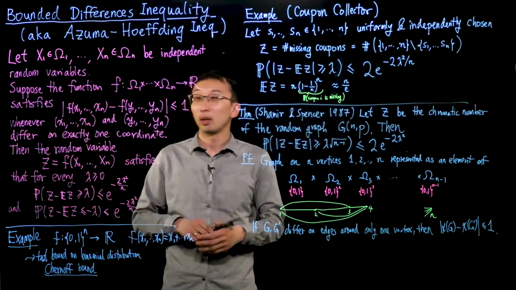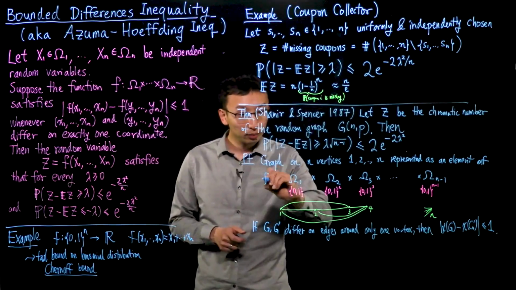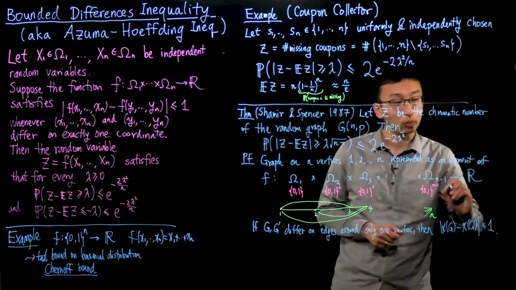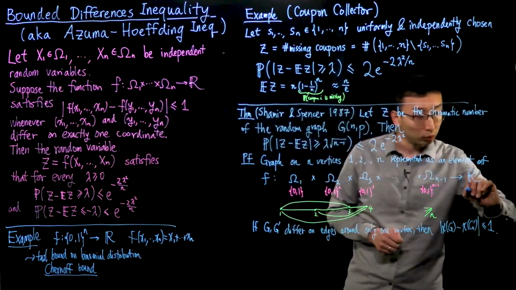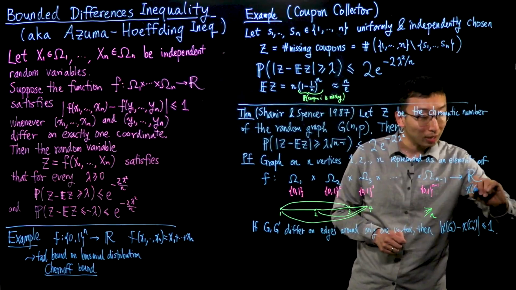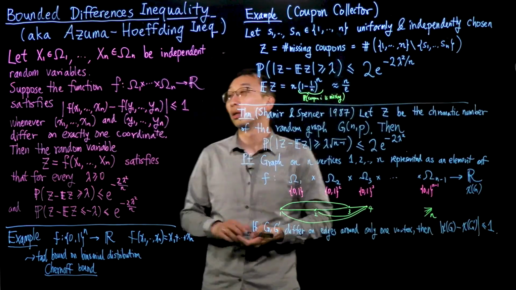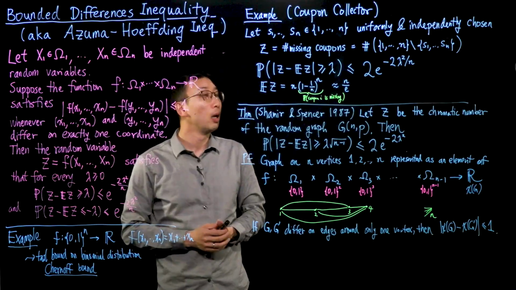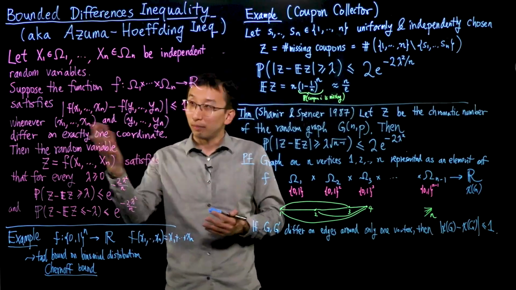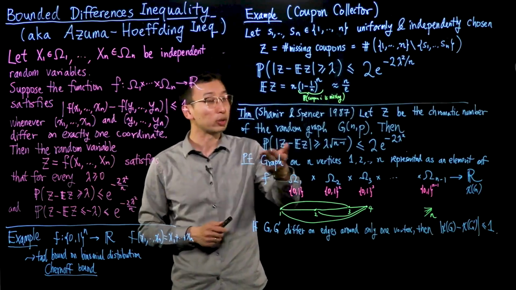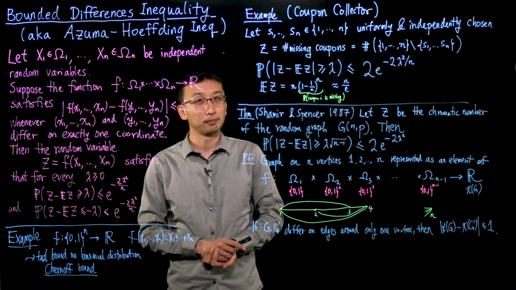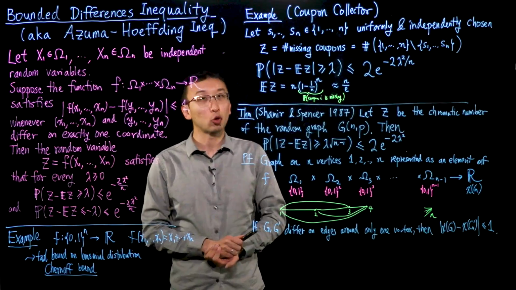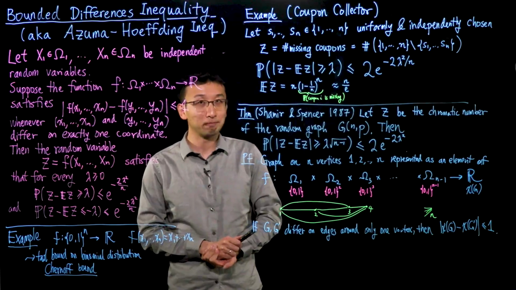And therefore, the function f that sends an element of this to an element of the reals, basically the chromatic number of the graph, satisfies the bounded differences hypothesis. And by applying the theorem, we can then deduce the concentration bound here. So that finishes the proof of this theorem on the concentration of the chromatic number of a random graph.